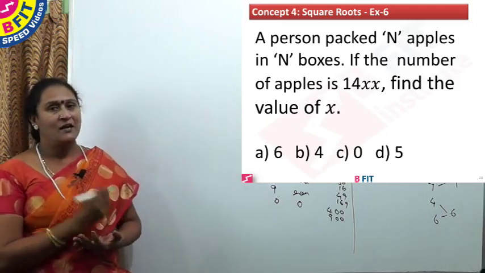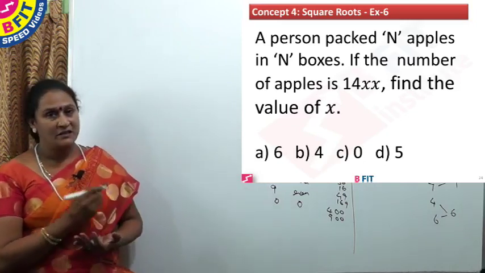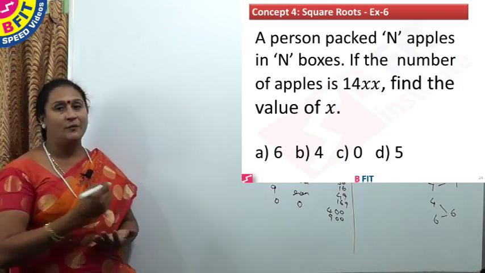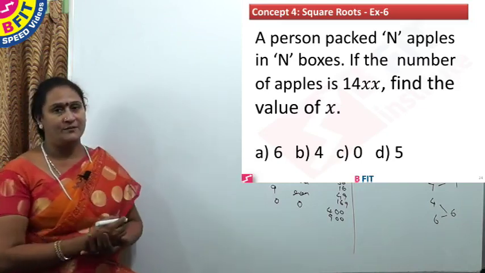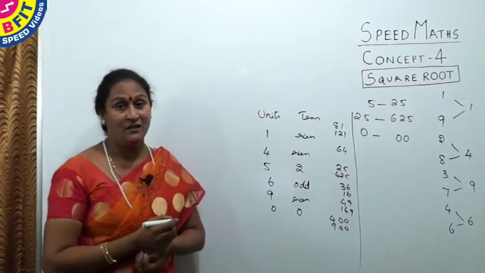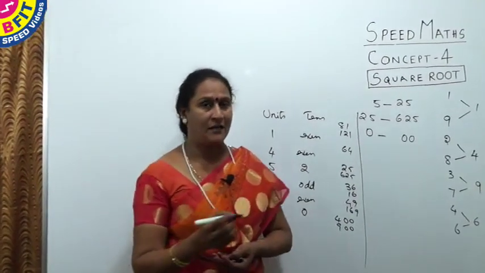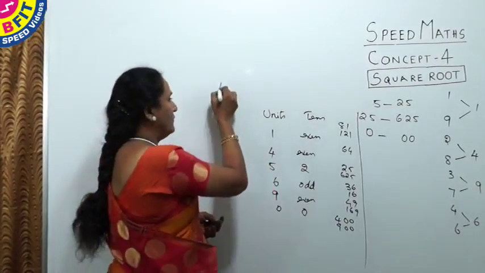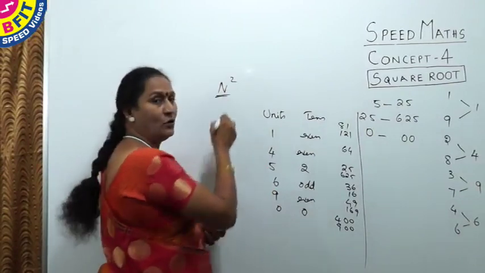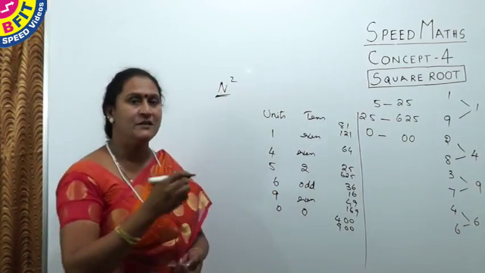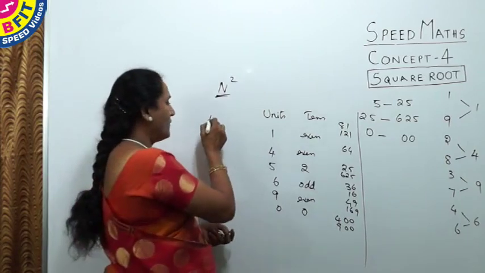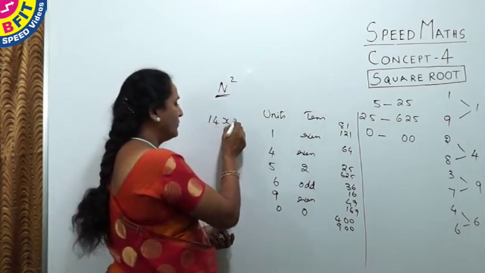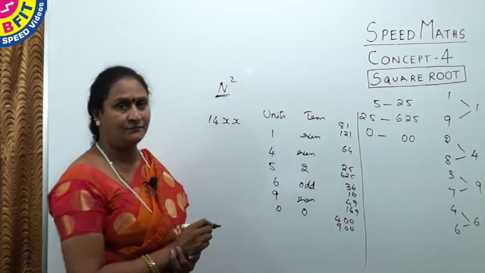So in a square number, if the last 2 digits are repeated, we will see what the possibilities are. According to the condition that n apples are packed in n boxes, we know that the number of apples packed is a square number, and the number of apples is given as 14xx.